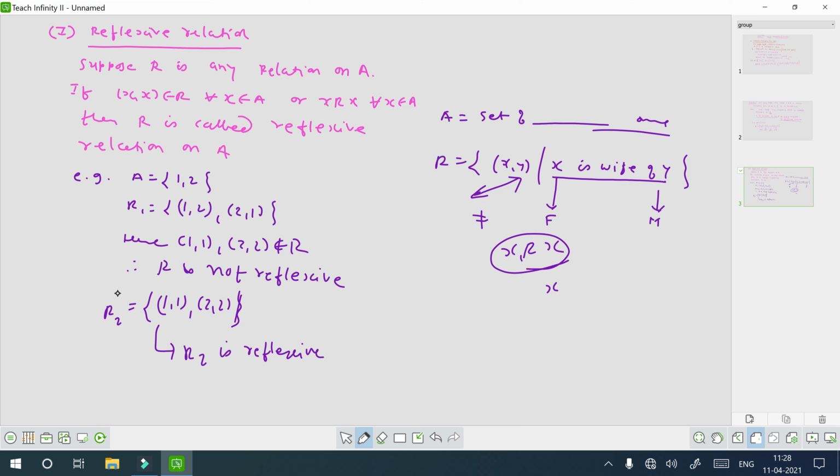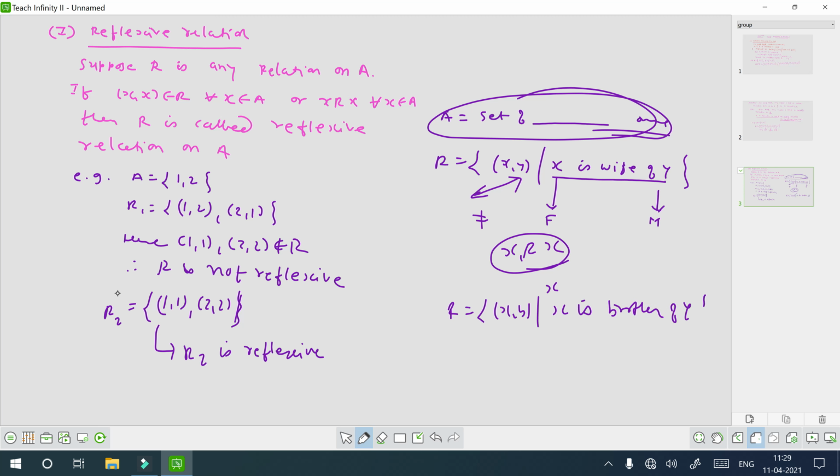Same set, A is a set of residents in a society. Let us consider one more relation. R = {(x,y) : x is brother of y}. See, x is brother of y.